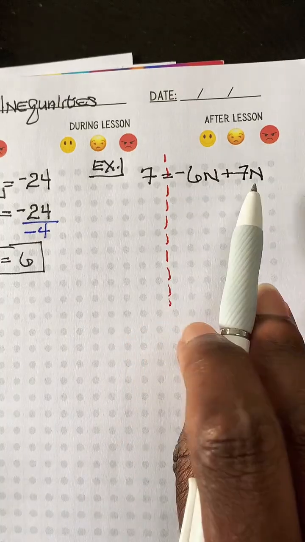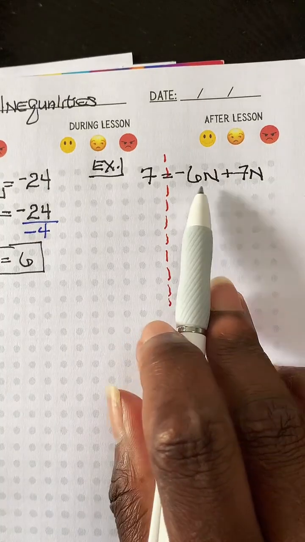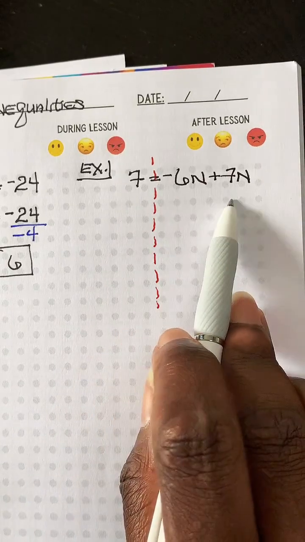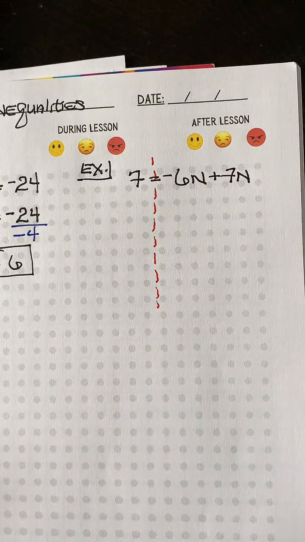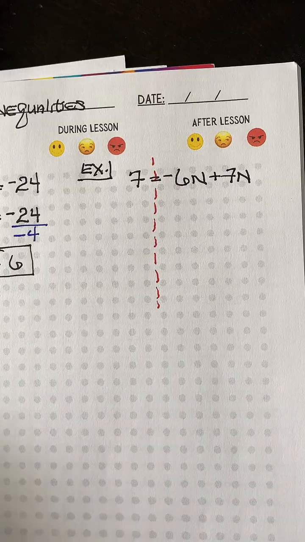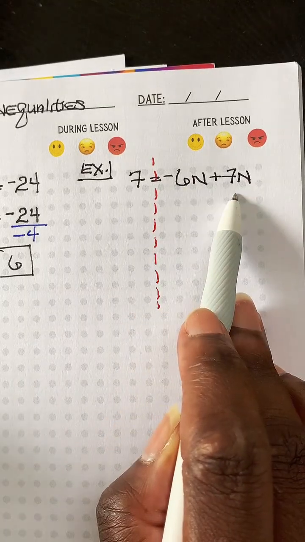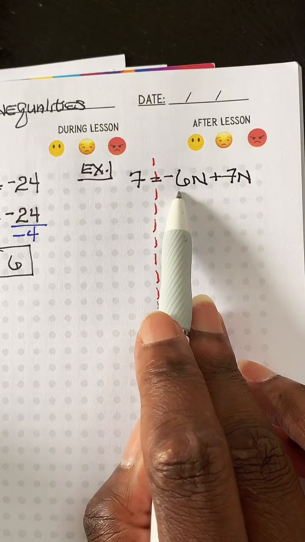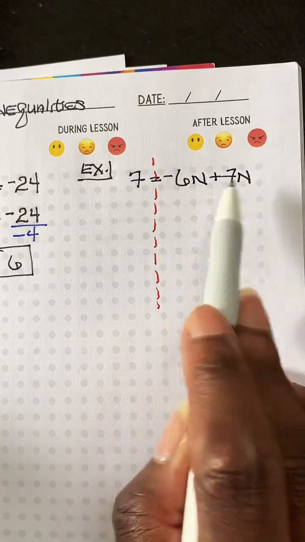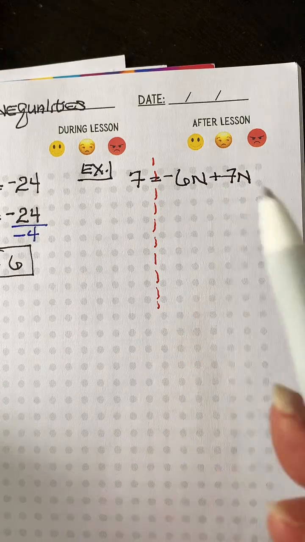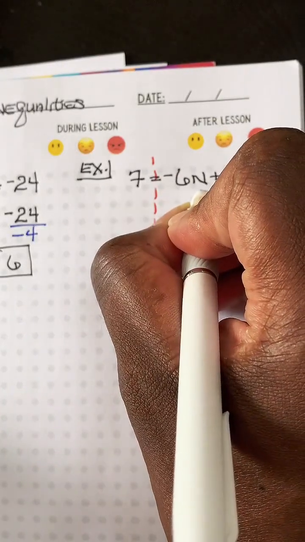6 is negative, 7 is positive. Now, if both the 6 and 7 were positive, yes, I'd give you the 13. All right? So now we have negative 6, we have positive 7. So you owe me $6, right? You paid me 7. You overpaid me $1.